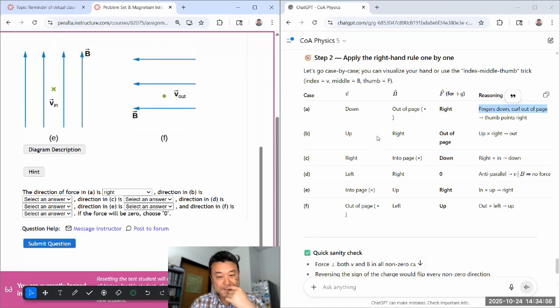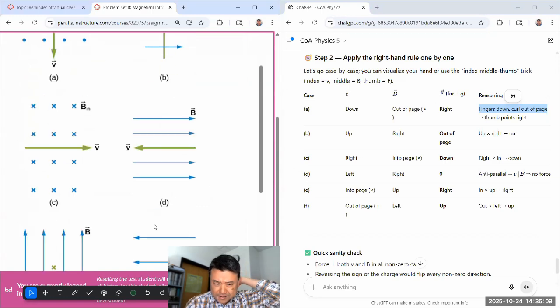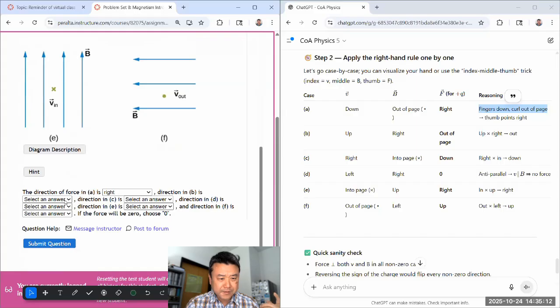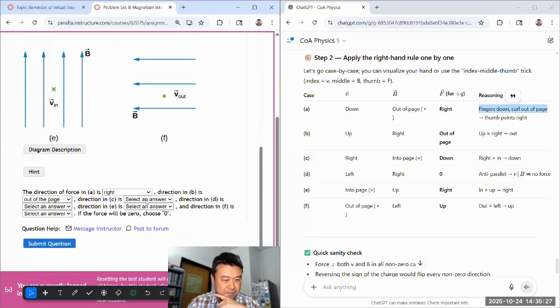But let's keep going. Up, right, so up, and then right. So into the screen from your perspective. And I'm not crazy. It's just getting it reversed, right? Let me just answer what it's giving me. And then right, into the page, up, and am I somehow mixing it up?